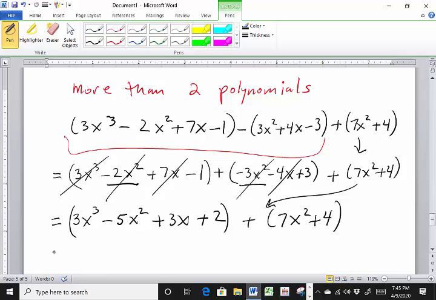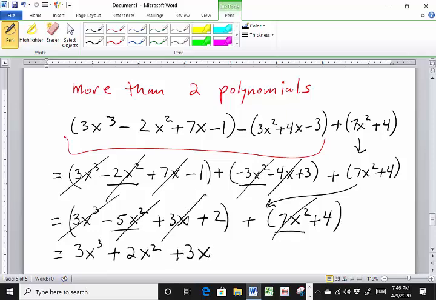Again, there are no x cubed terms, so this is just 3x cubed. I work with that, cross it out. A minus 5x squared and a plus 7x squared is going to be a positive 2x squared. There is no x term in the second polynomial, so I'll just write this as plus 3x.